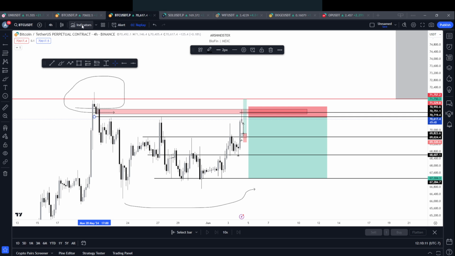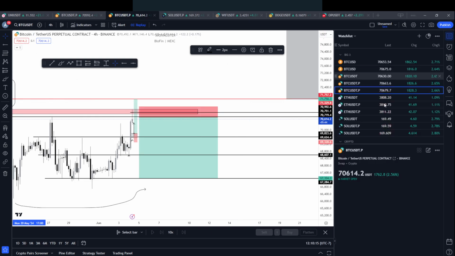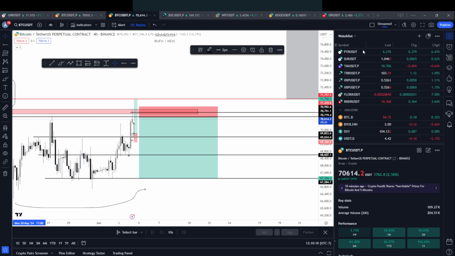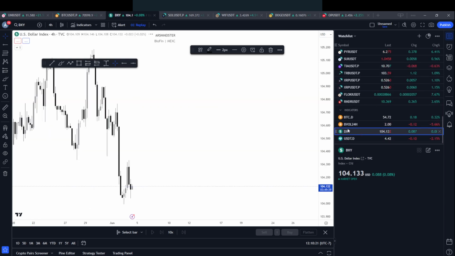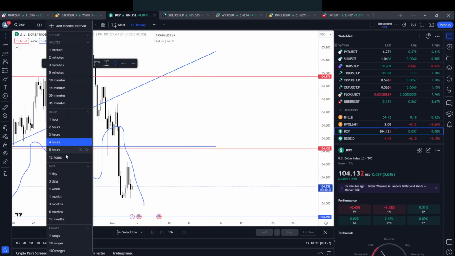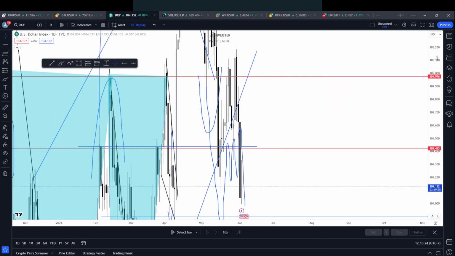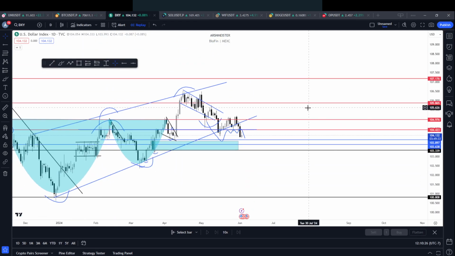Okay. Now, if we're taking a look at more confluence here, right? If we're taking a look at the dollar, and this is something that, in my opinion, a lot of people should be taking a look at. When the dollar is weak, it bodes really well for not just crypto markets, but legacy and equity markets as well.